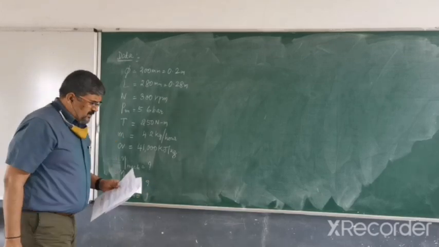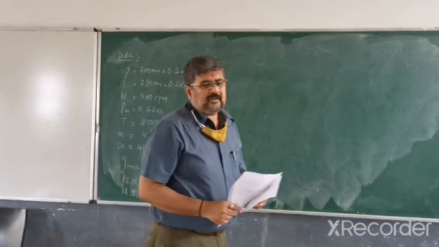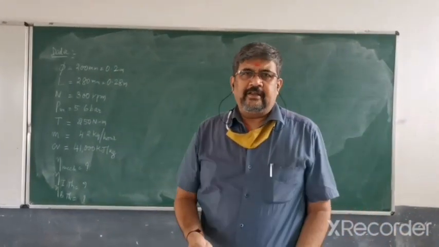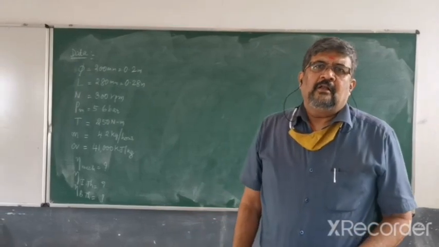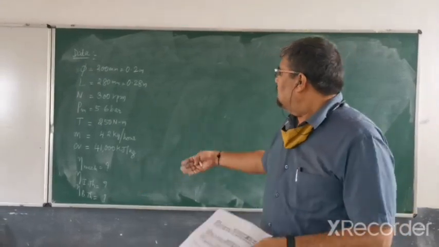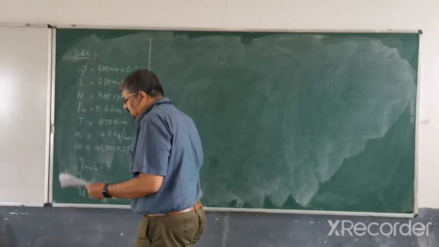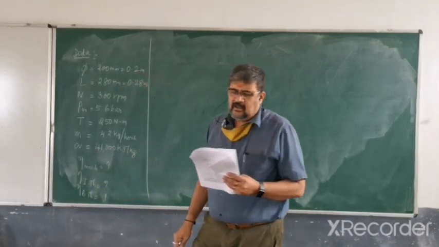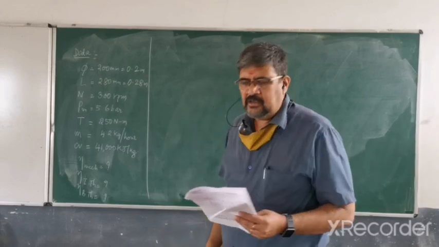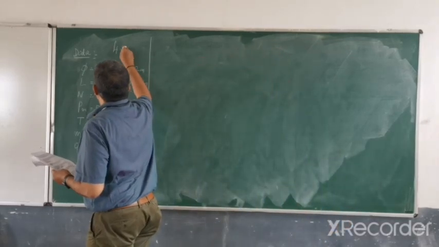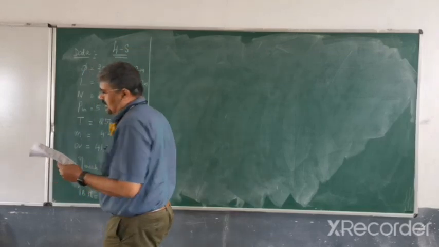Now obviously in order to find out all the 3 efficiencies, first what you need to do is you need to find out what is the indicated power and what is the brake power, and then we can find out everything else. Okay, so how to go about this? Since it is mentioned that it is a 4-stroke single cylinder engine, so what is relevant to us, what is important for us is it is a 4-stroke engine. Okay.